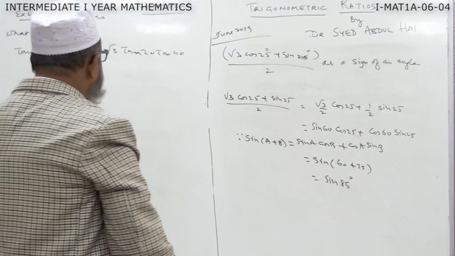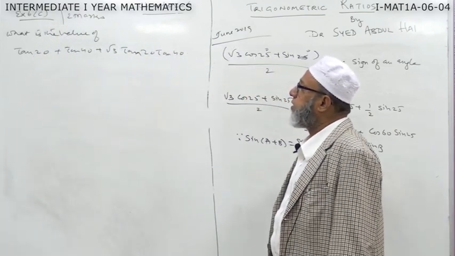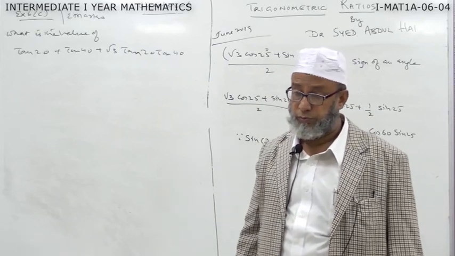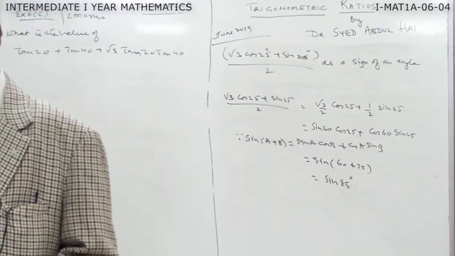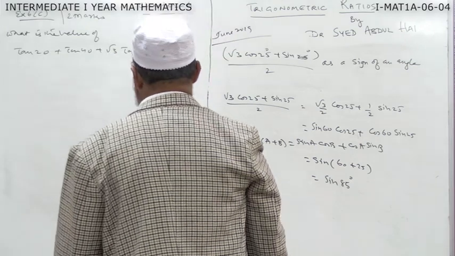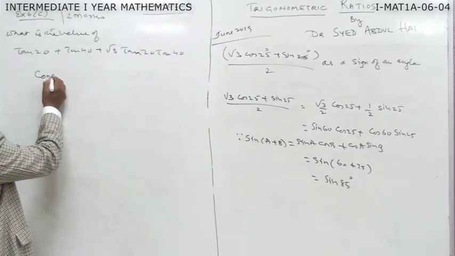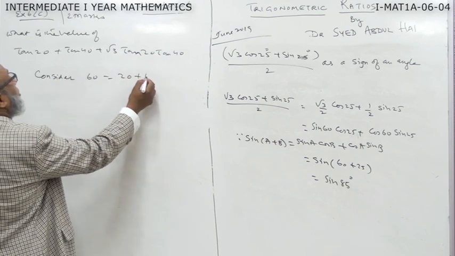Now, the next question is, what is the value of tan 20 plus tan 40 plus root 3 tan 20 tan 40? Right? Now, what I am doing, suppose I consider 60 is equal to 20 plus 40.